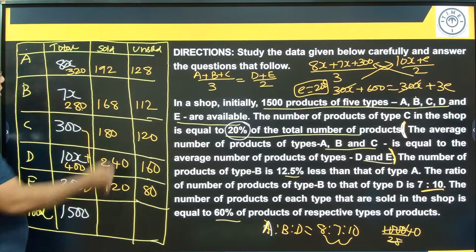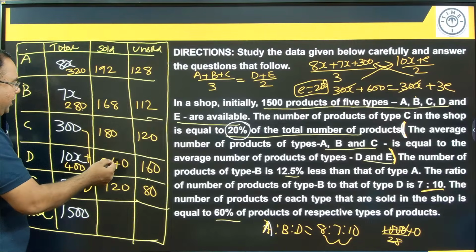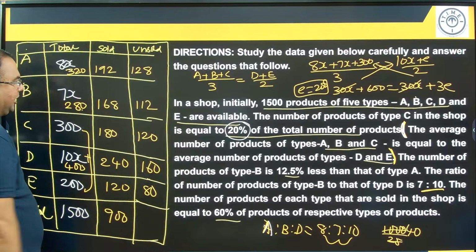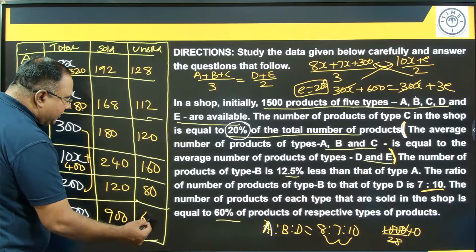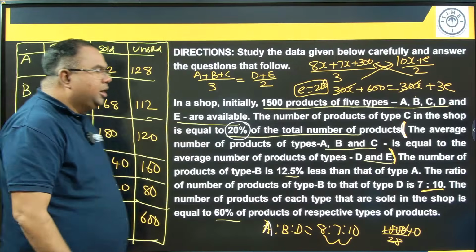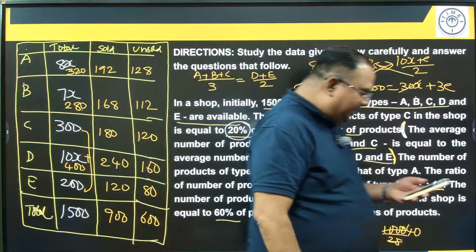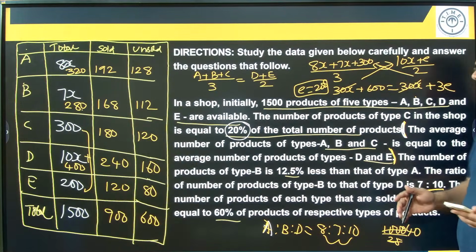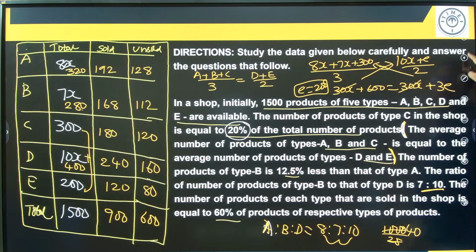Now let me add this. Total sold should be 900. Obviously, unsold should be 600. That's all. This takes time. That's what I'm saying. It will take time. So once this is done, you should be able to answer the questions easily. Same data I have copied in my table now.